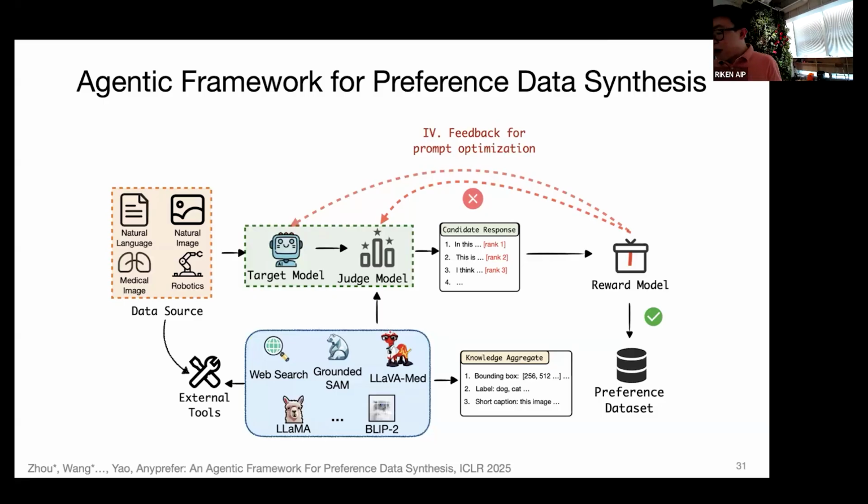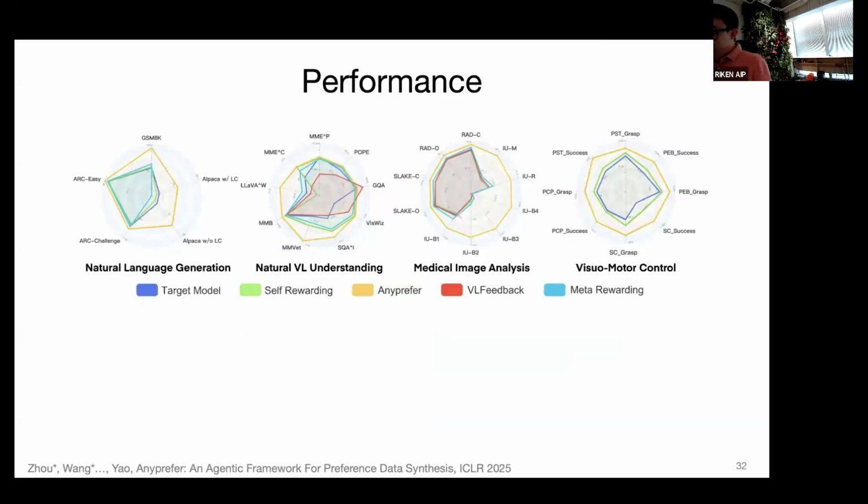Okay, so after doing that, we evaluate these models on different tasks. We apply it to natural language generation, on 5 datasets. We also do natural vision language understanding, and apply it to some tasks here. We also do medical imaging analysis, to see whether these models can generate a correct medical report, or correctly answer the medical questions.